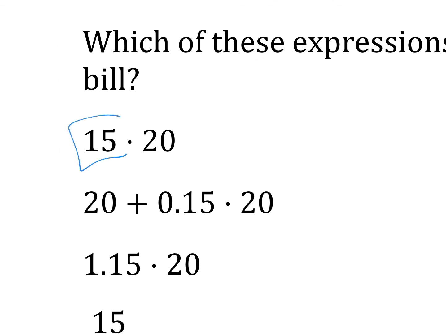Because the 15 was not taken out of percentage form, it doesn't represent the situation. Remember, when we have a percentage, we always have to take it out of percentage form by moving the decimal 2 places to the left.